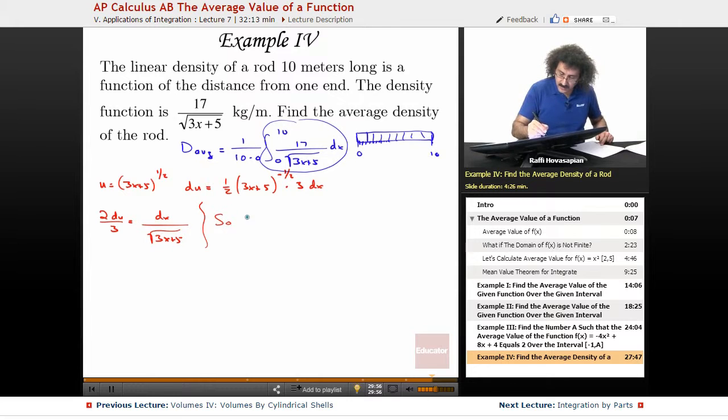That means our average density is equal to 1 over 10, from 0 to 10, 2 du over 3, right?